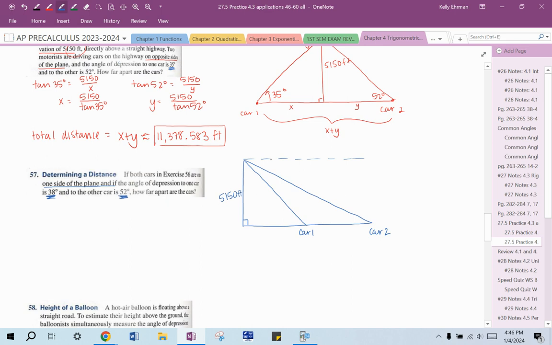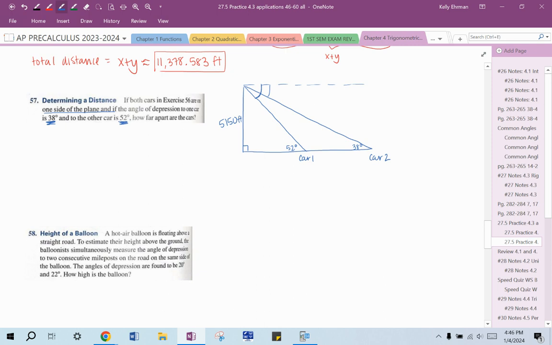The car that's closer needs the larger angle of depression. So this angle right here would have to be 52 degrees. So I'm going to put that here. That's the steeper angle. The angle that's not as steep is out here. That's going to be 38. So those are angles of depression. But remember, we put them down as angles of elevation because they are equivalent.